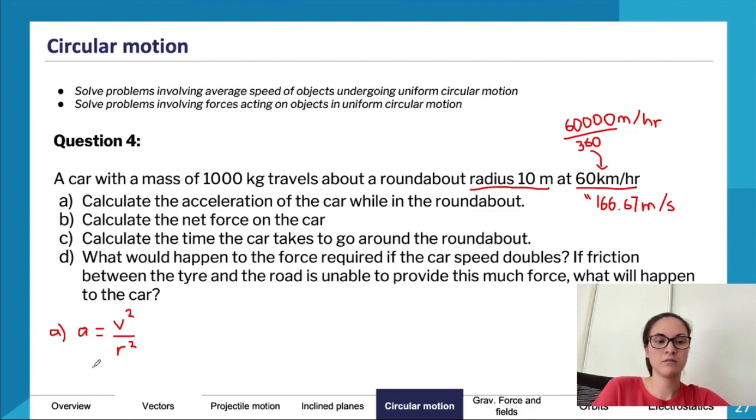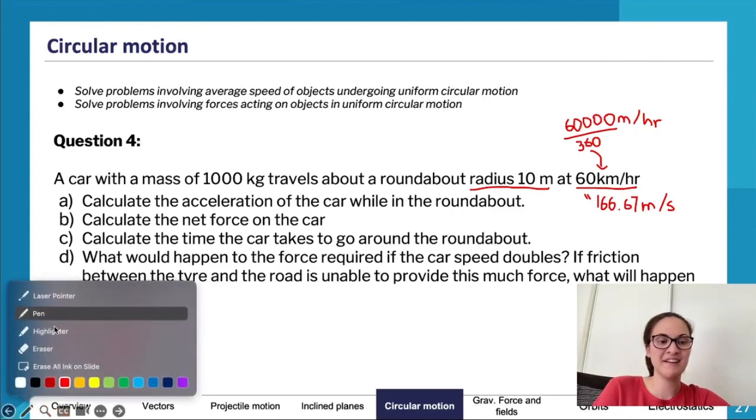Now I'm going to put that number in: 16.67. Oh, sorry, I'll just erase that.